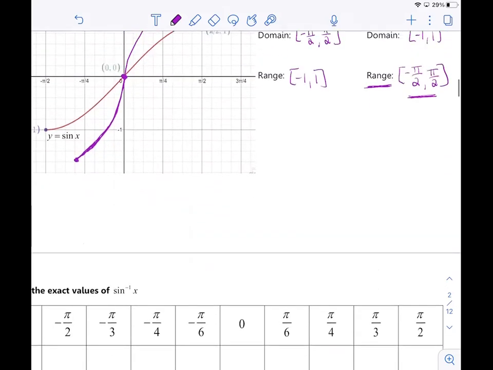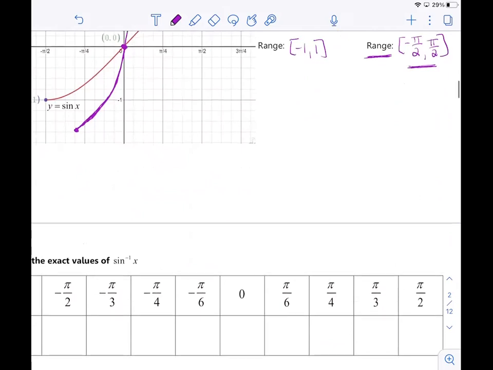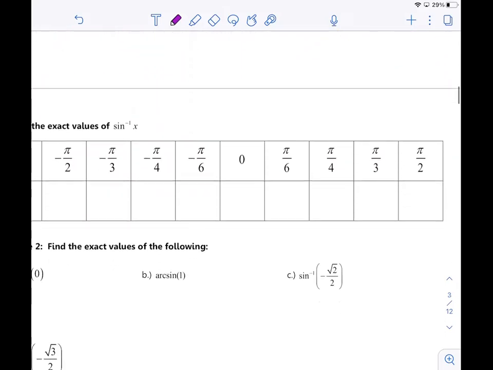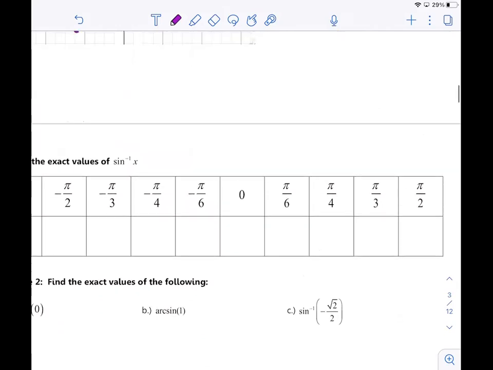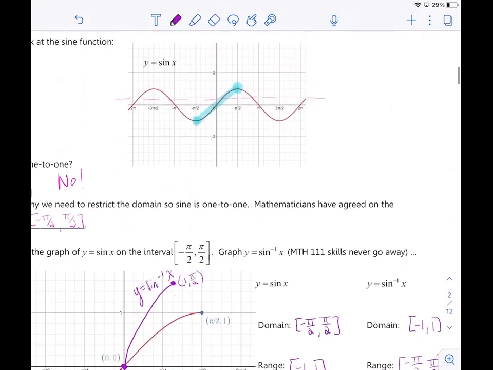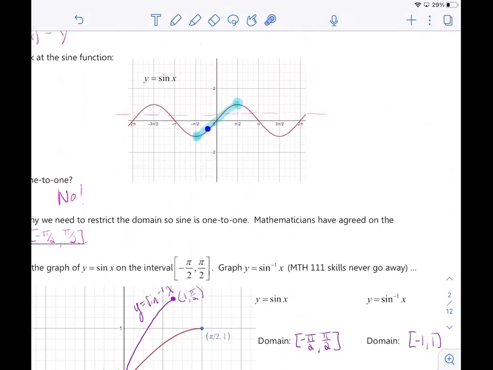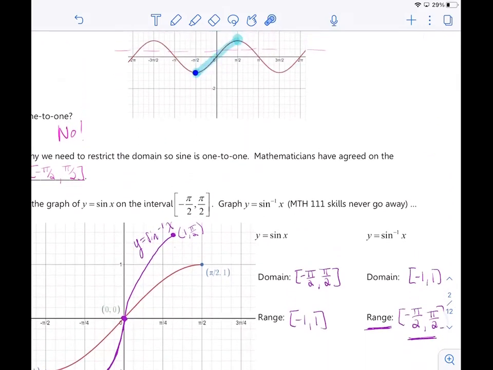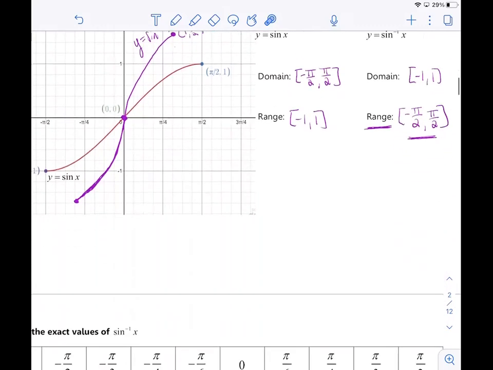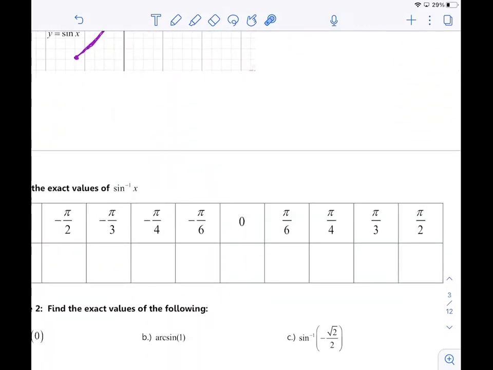things. All right, so what I've done in this next part is I just listed every single angle within, I'm going to go up here for a moment, within this piece that we only looked at, right? So we're only looking at this piece of our sine graph. And we're going to just list what these angles put out for just the sine function, because this little chart is going to really help us evaluate.